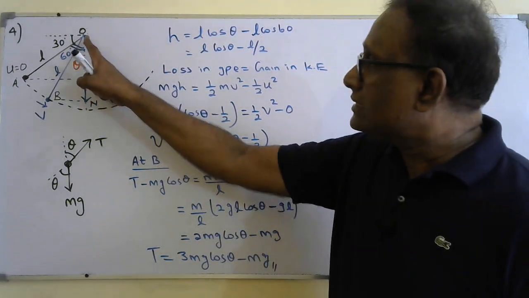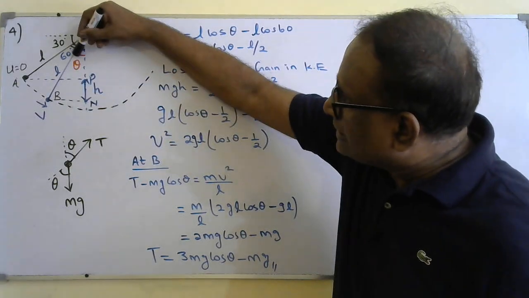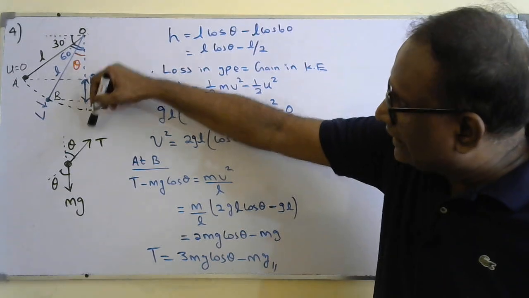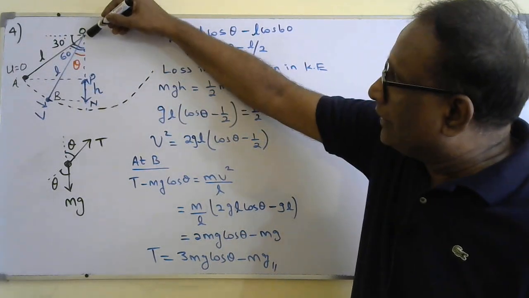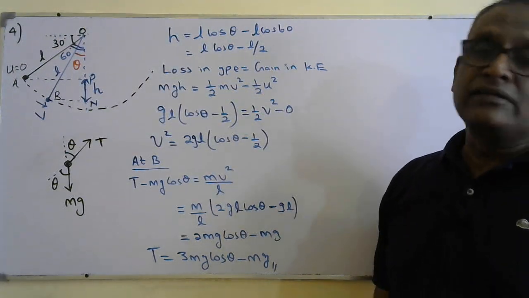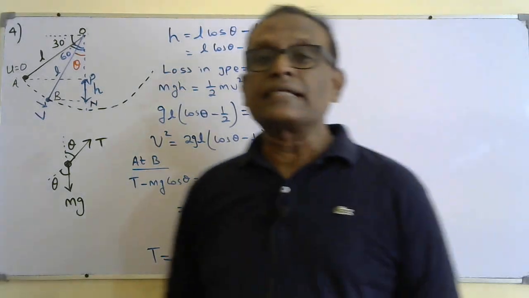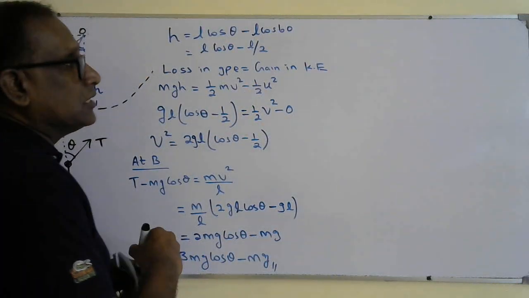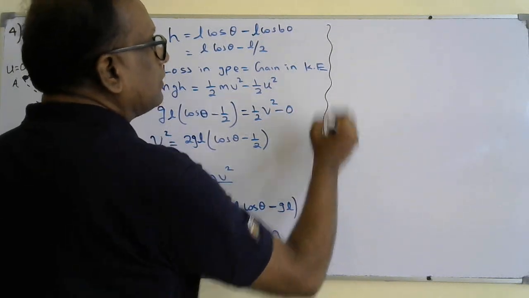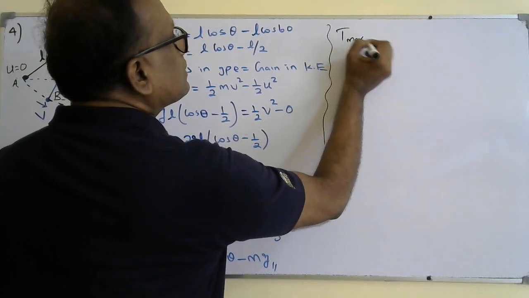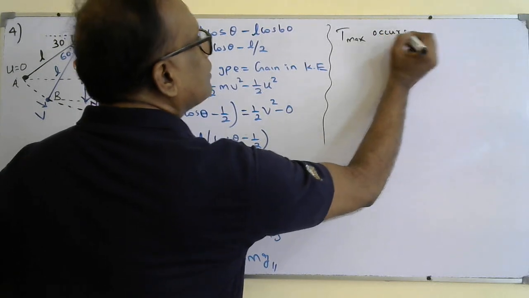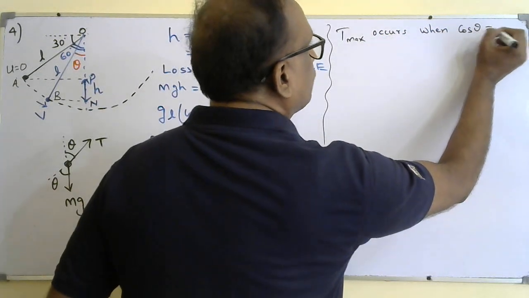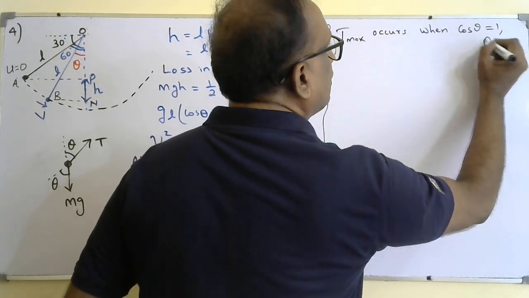Theta equals 0 means, this theta is measured from the vertical, so theta 0 means when the cable comes exactly vertical. When the cable becomes exactly vertical, the cable will have the maximum tension. So T max occurs when theta equals 0. So we can write that here: T max occurs when cos theta equals 1, that is theta equals 0.